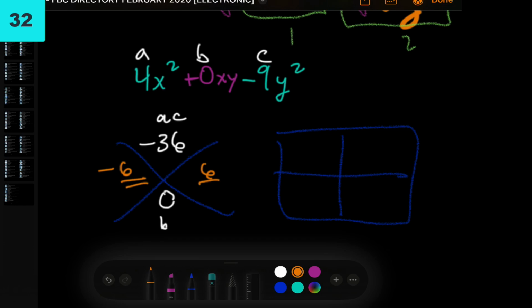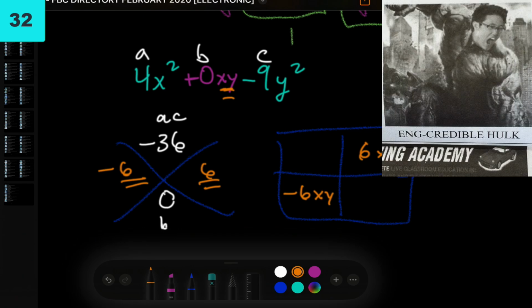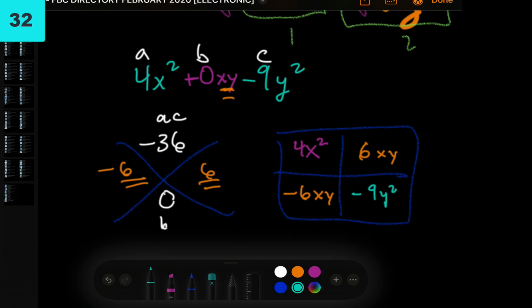So these are going to go in here. And remember, you are splitting an xy. So you have a positive 6y and a negative 6y. Okay. A term always goes in the top. The other term goes there in the bottom.